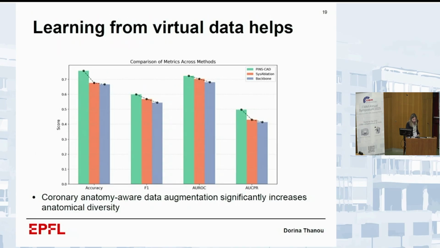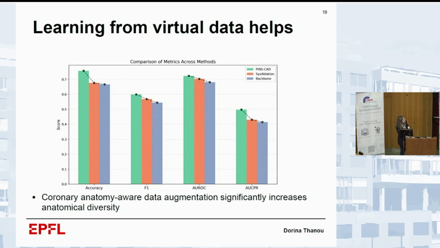And as a matter of fact, I talked about virtual data generated from digital twins of patients. These are different metrics: accuracy, F1 score, which is another metric that we use for classification, ROC curve, etc. So all these scores, the higher the better in all cases.